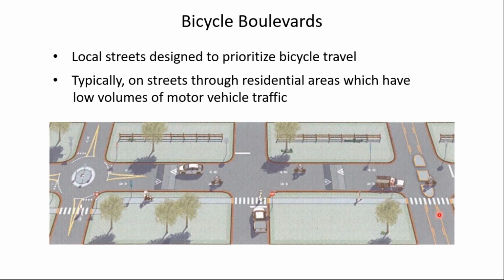On the right side here, notice there is a median island on the cross street such that motor vehicle access is prevented. So motor vehicles basically have to turn right here. But notice there's cut-throughs in the island to allow passage of bikes. So just as I said, we're allowing motor vehicles on this street, but in this particular example, it's not really a through street. But for bicyclists, it is a through street.